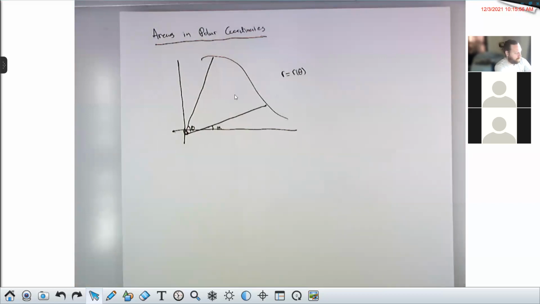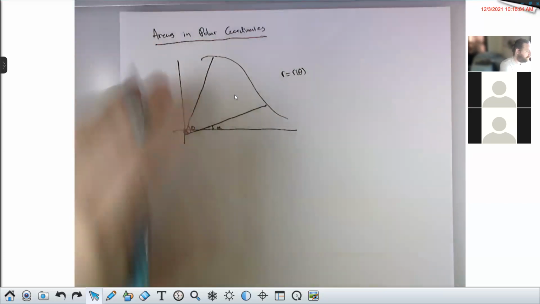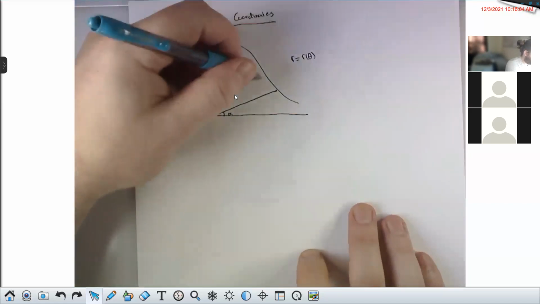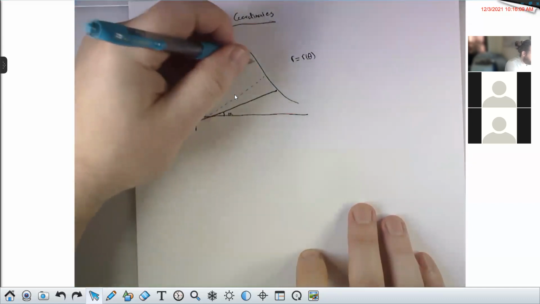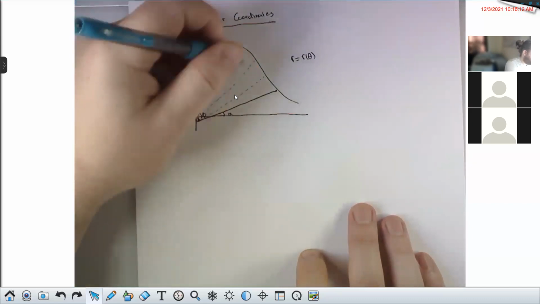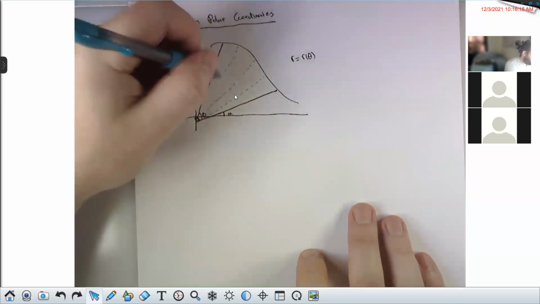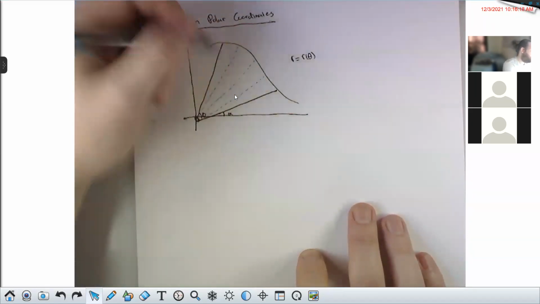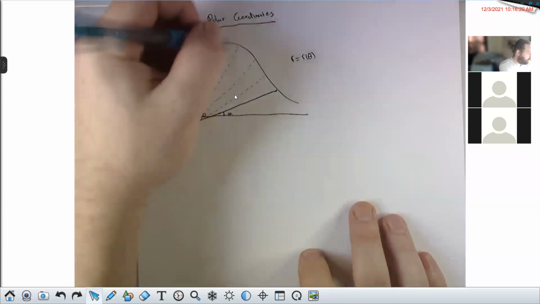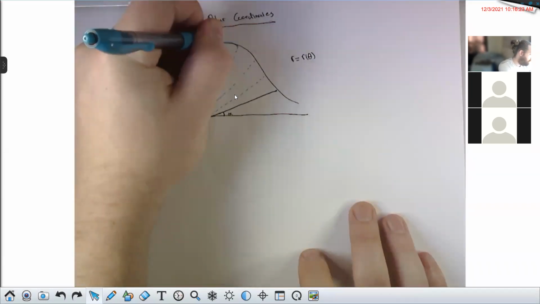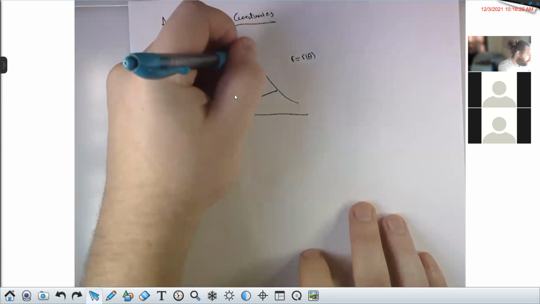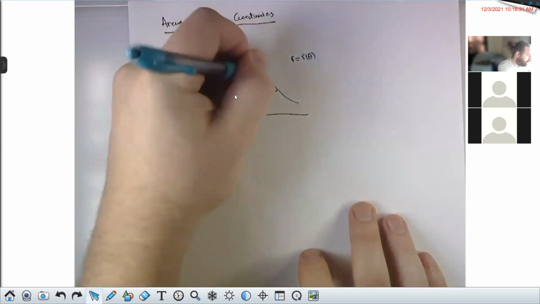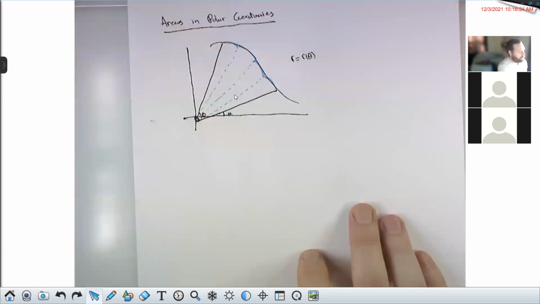The way you conceptualize it to build the Riemann sum is to imagine chopping this up into a bunch of little regions. Instead of rectangles, you have these little Riemann segments, which we approximate as though the function is constant there. So I would approximate this like this. Remember what a constant function is in polar coordinates. It's a circle.